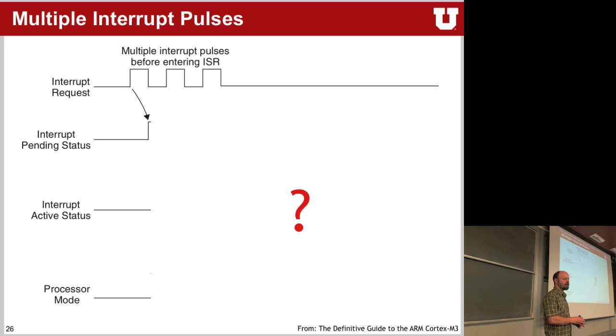Okay, how many teams think that we will get all 3 interrupts and execute our handler 3 times? Show hands. Nobody. That's good. So how many think that we will lose some of the interrupts? Almost everybody, that's correct.